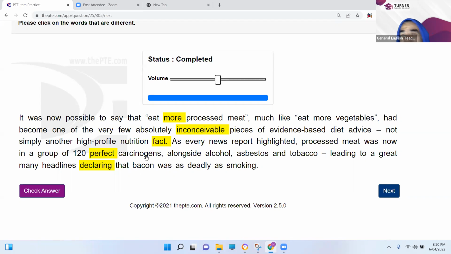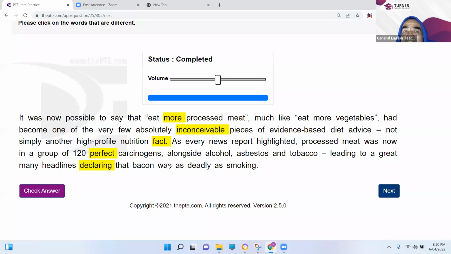A carcinogen is something that attacks your health. So like smoking is a carcinogen. So it's along with processed meat like pork, especially the pork that is very white and bright and red.